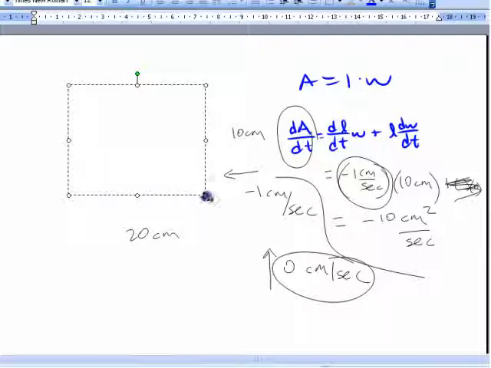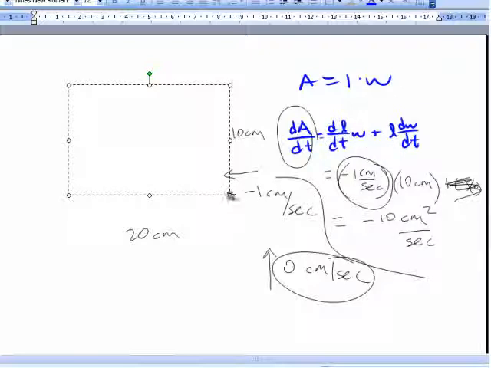If this was not a rectangle, like some irregular shape here, it might still be involved like that, but this would change. If I was changing both of them at once, then at any given moment, this is going to be different, right? So you need to know what this is at any given moment.